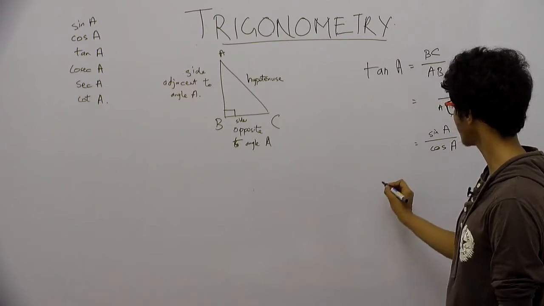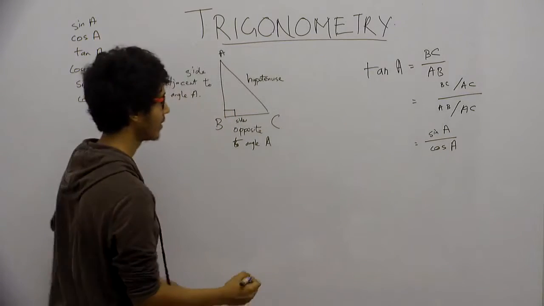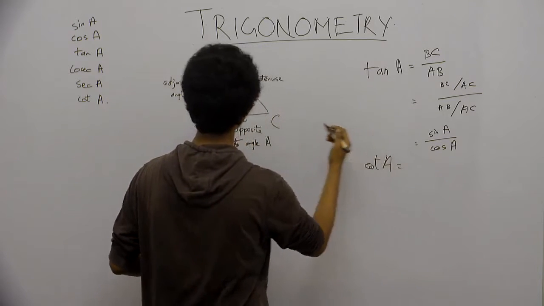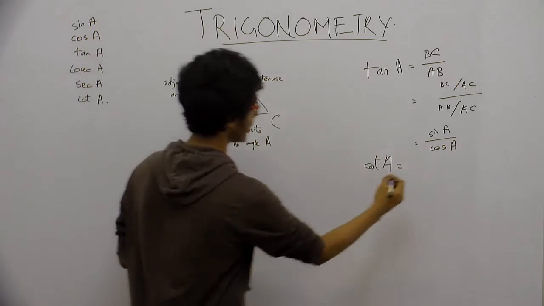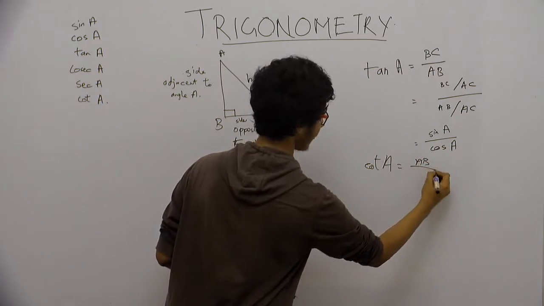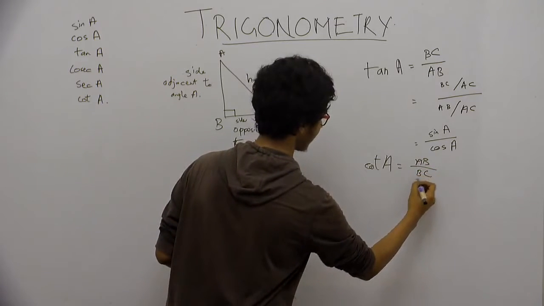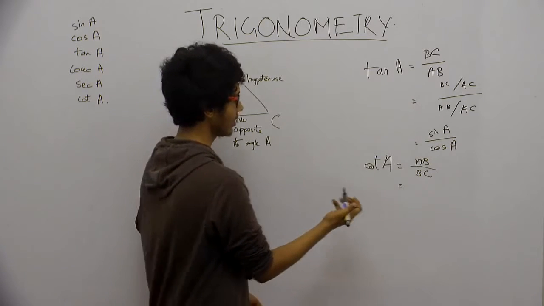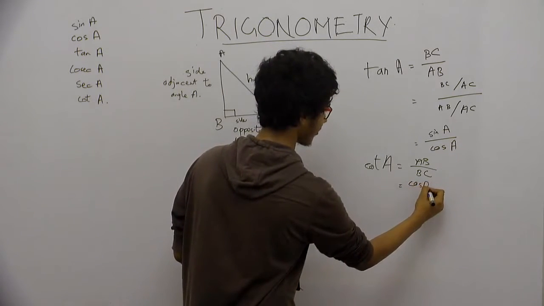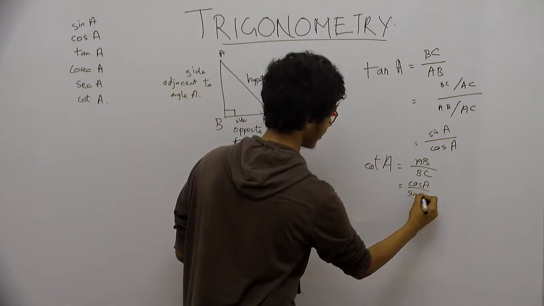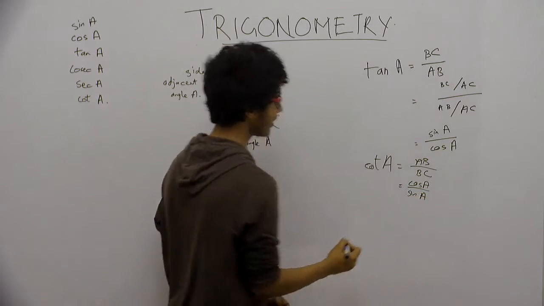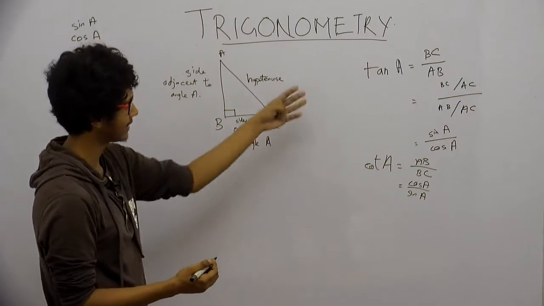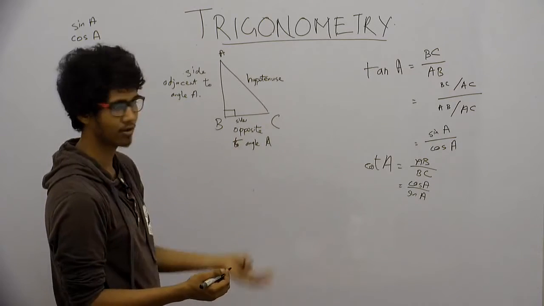Similarly for cot A, equals side adjacent by opposite, AB by BC, and dividing both numerator and denominator by the hypotenuse, we get cos by sine, which was obvious kind of, because cot A is the inverse of tan A, and since tan A is sine by cos, cot A becomes cos by sine.